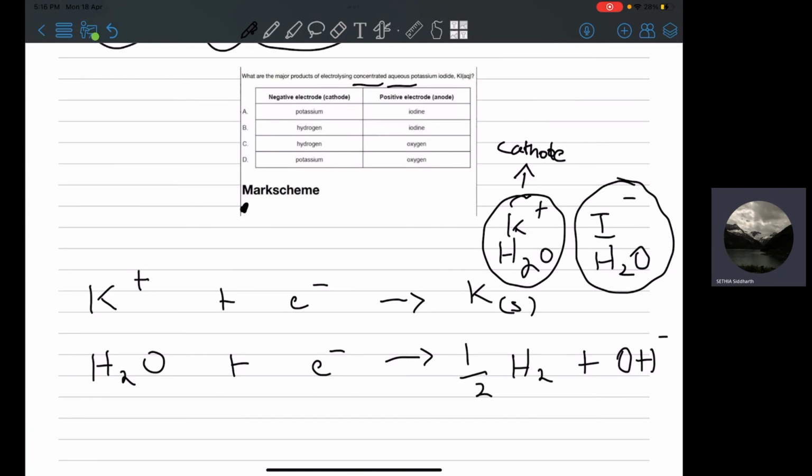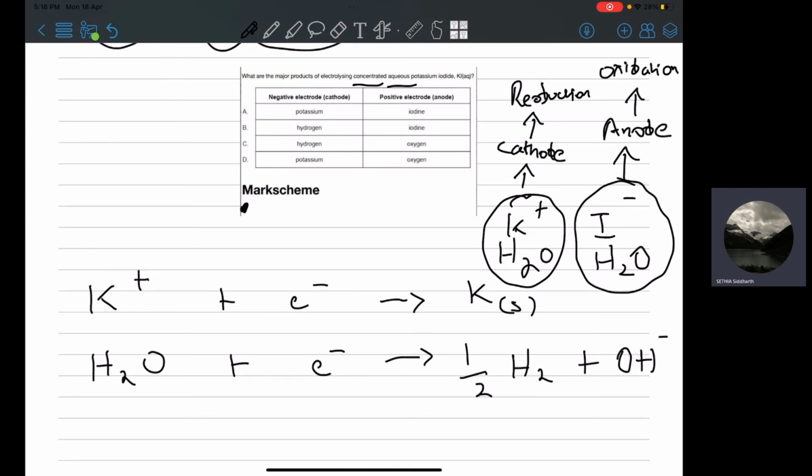This group is going to go to the cathode, and this group is going to go to the anode. So why does this happen? Well, because remember, at the cathode, we have reduction, and at the anode, we have oxidation.